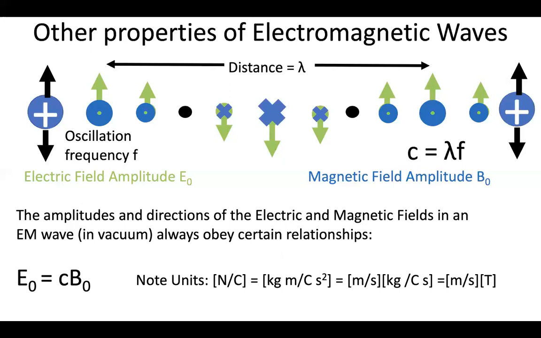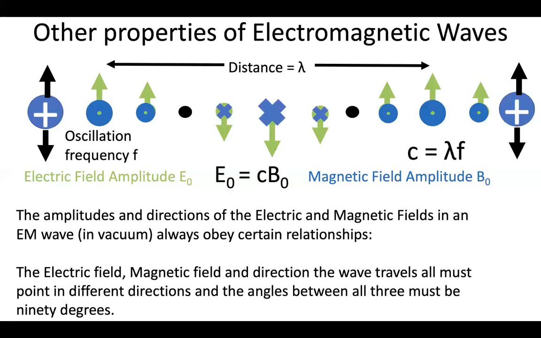But on top of this, there's not just a relationship between the magnitudes of the electric and magnetic fields, that is their strength, there's also a very prescribed relationship between what direction they point. Turns out, as in these pictures that I've been showing you, the electric field is pointing up and down, while the magnetic field points in and out. And this wave is propagating from some source to some other object.